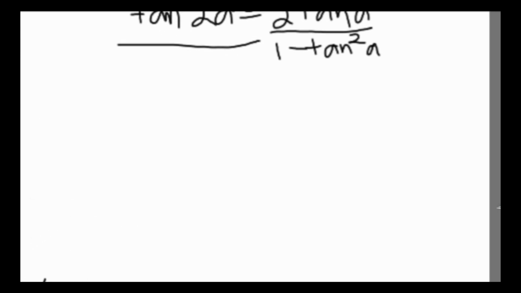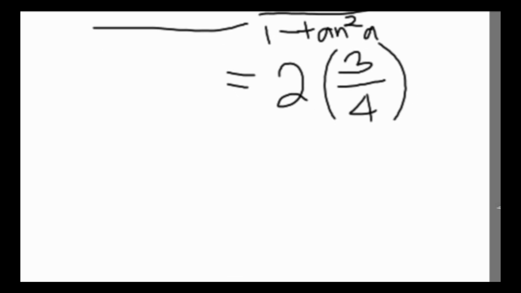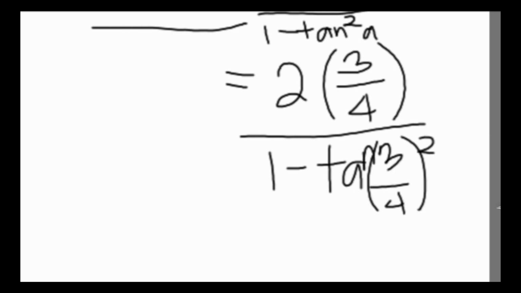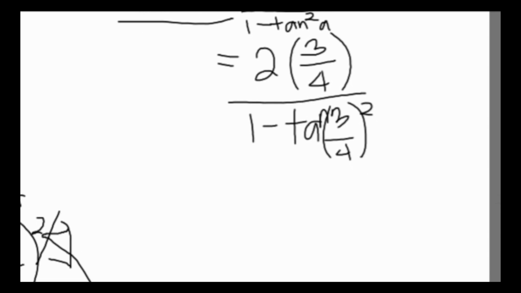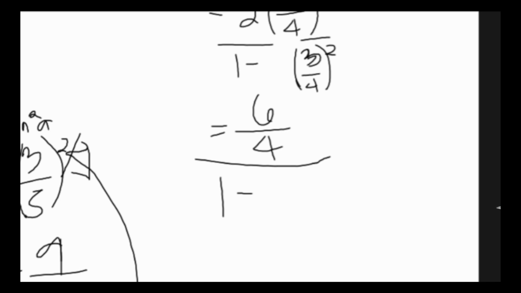Let's substitute: tangent of 2a is 2 times tangent of a, which is the opposite over the adjacent, 3 over 4, over 1 minus tangent squared of a. So we multiply and do the math. 2 times 3 over 4 is 6 over 4, all over 1 minus 3 squared over 4 squared, which is 9 over 16.